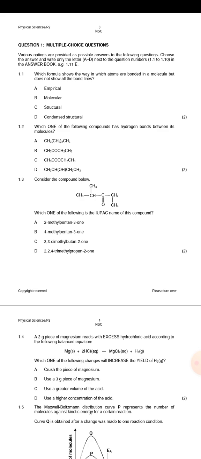But if we count from the left hand side, we remember our priority still remains on the carbonyl. The carbonyl needs to be in 3. However, when we move from the left, we find that the methyl substituent is now in position 2, and that is what we want. We want it to be at the lowest as well. Yeah, so in this case, the correct answer is definitely going to be A.